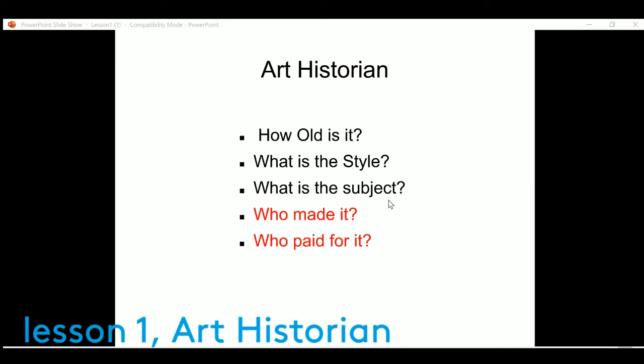And the subject, which we'll talk about later, and who made it, the artist, and who paid for it, normally the people who commissioned the artist to work for them. This is in modern terms. We don't know who paid for them during the prehistoric period.